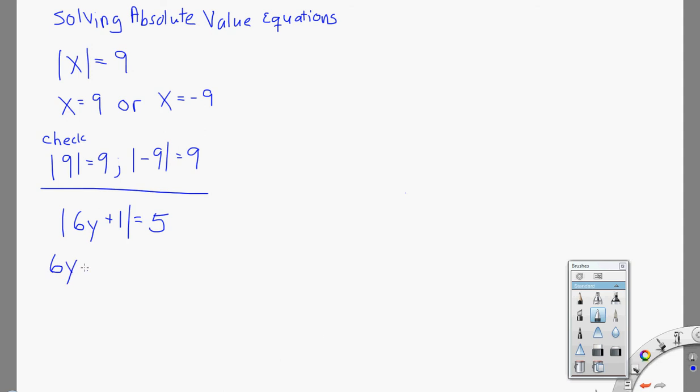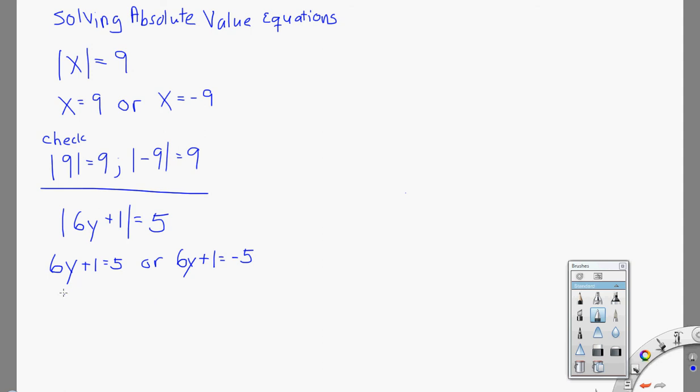You just remove the absolute value bars: 6y plus 1 equals 5. The second one's a little bit tricky, but not too difficult. Remove the absolute value bars, 6y plus 1, and change the sign on the right side, equals negative 5.